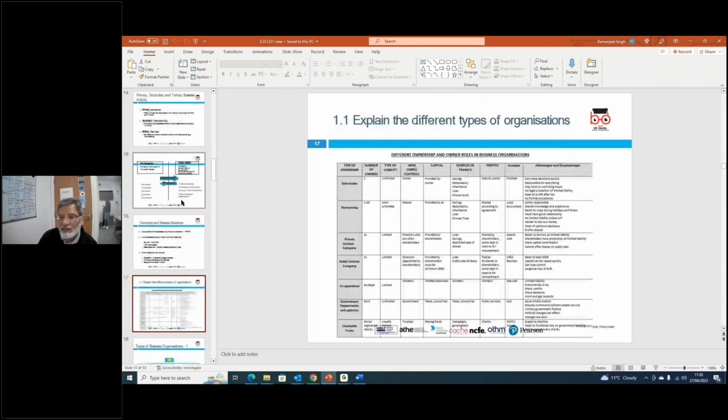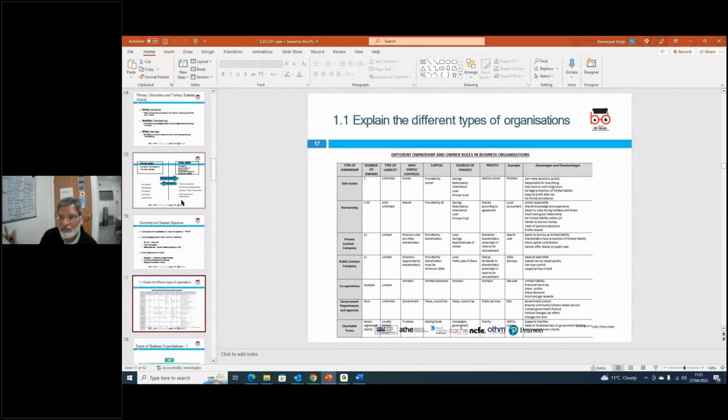The next slide tells you the different types of businesses, their advantages, disadvantages, the definition, why they are there, and how many owners. For example, a sole trader means one business, a one-man business. An example of a sole trader is yourself, working in the accounting business.